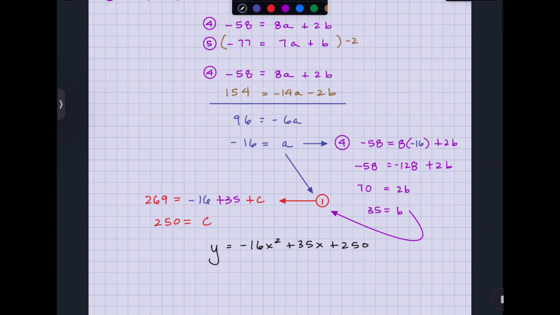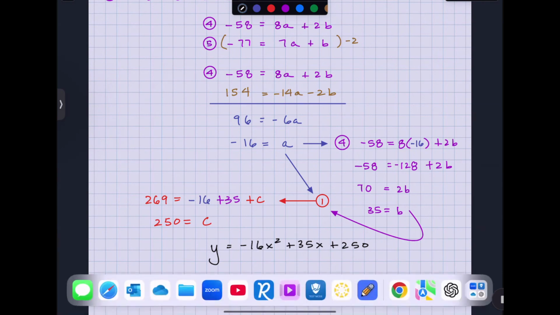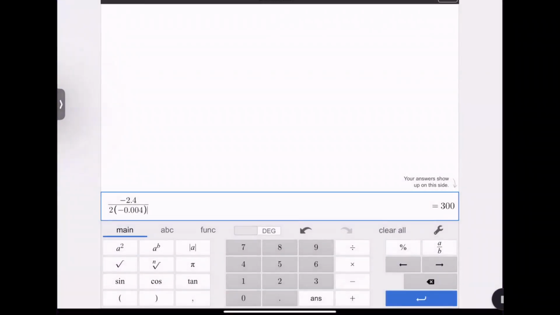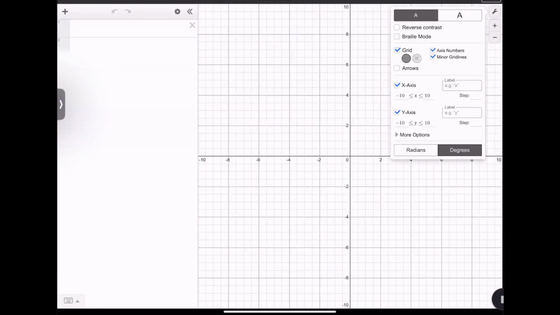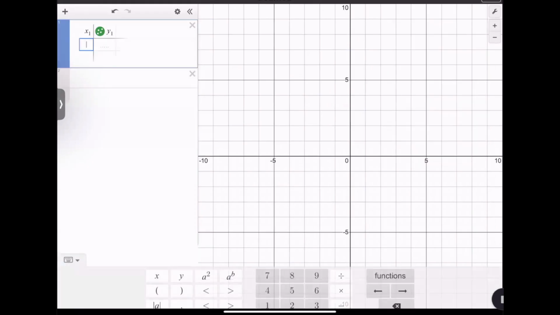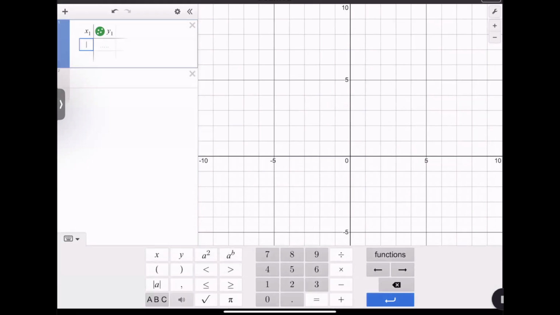Do we remember what quadratic regression is? Let's do a reminder here. Remember when we did this, make a table. What was it? 1, 3, 4. This was 269, 211, and 134, right?